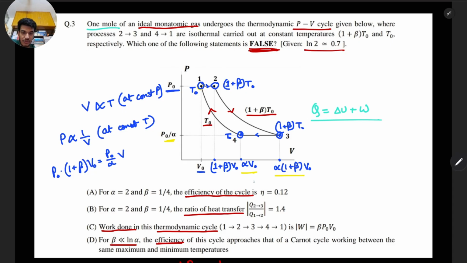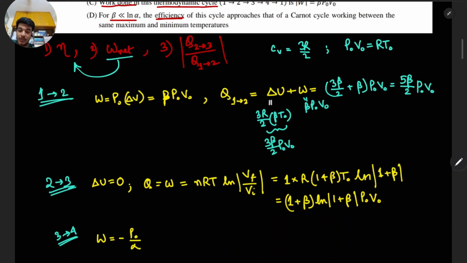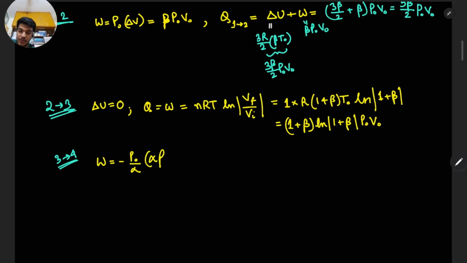So the change is alpha beta into V naught, which is again beta P naught V naught, but with a minus sign. So minus beta P naught V naught.